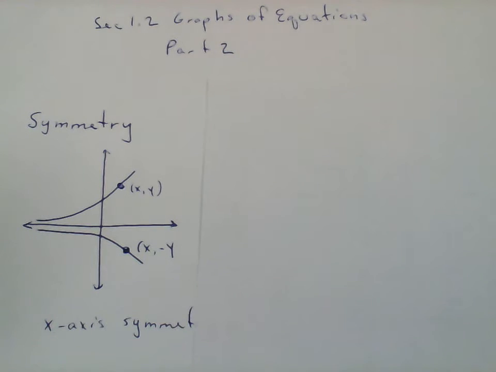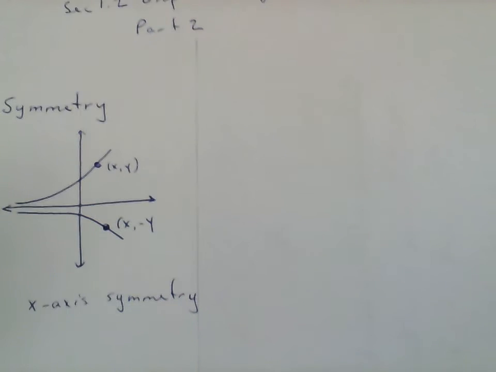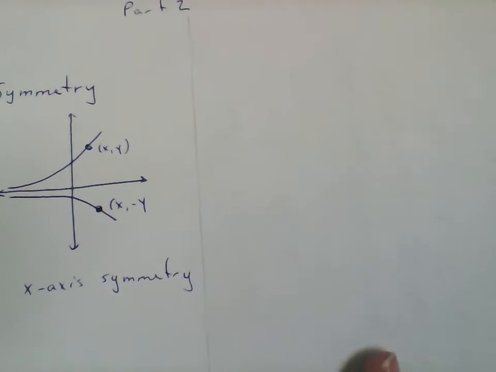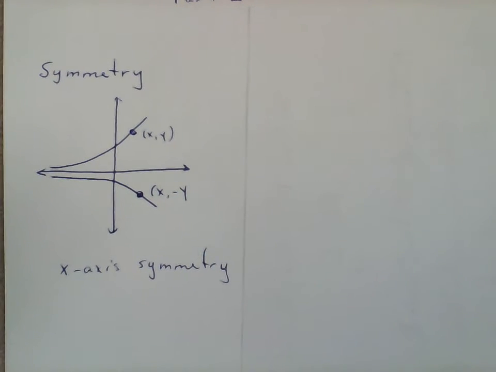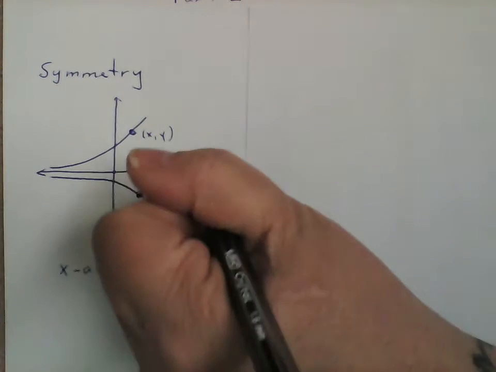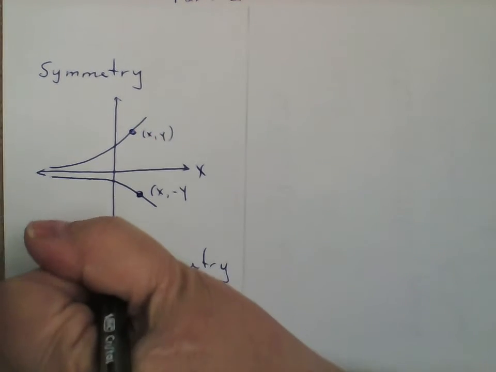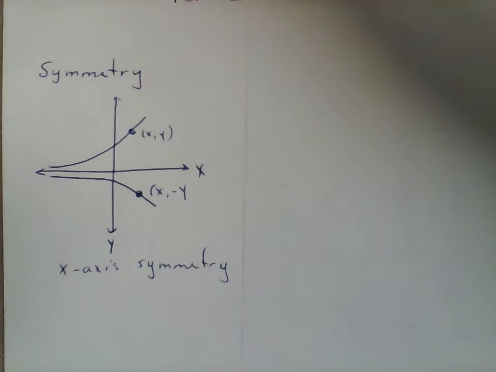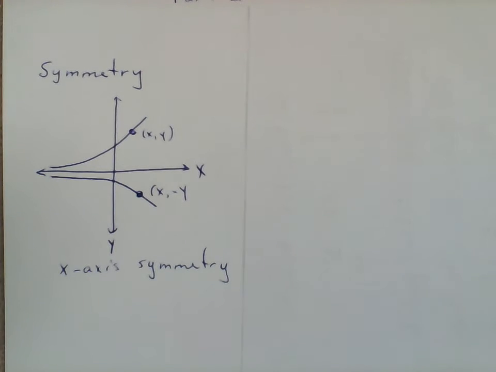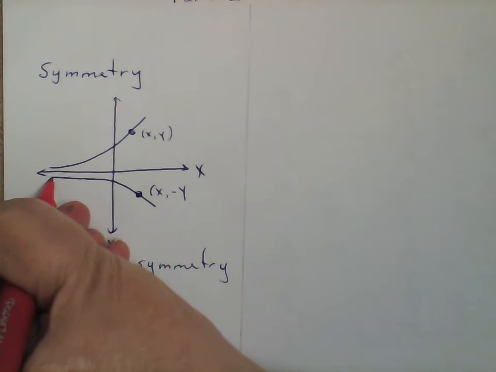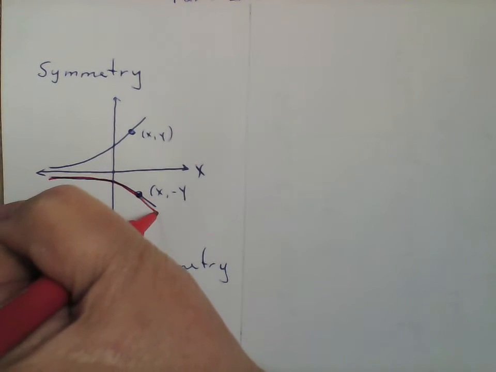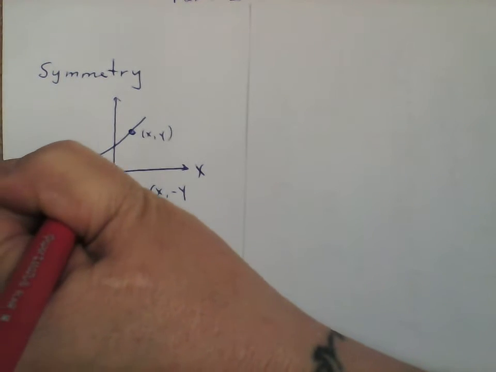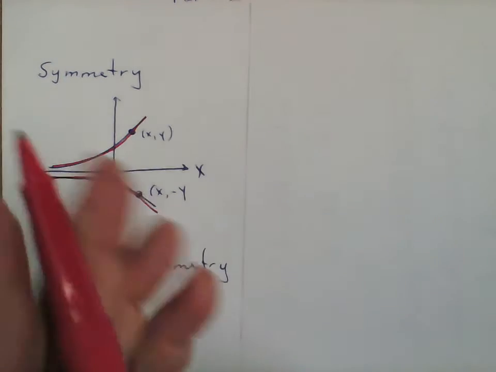The first one that we're going to talk about is x-axis symmetry, right? And if you notice on this graph, we have our x and y axes, and we're symmetric about the x-axis. Now, granted, I didn't draw the best of pictures, but technically what we're saying is that this line is like a mirror image of this line, right?